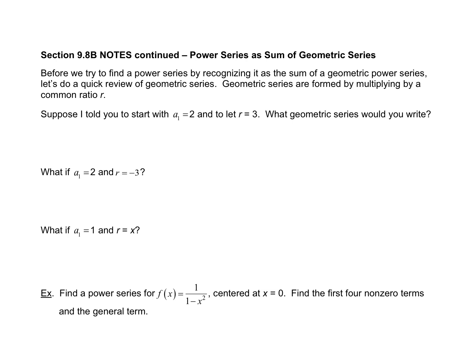So remember, geometric series all follow a particular pattern. They're all formed by multiplying by a common ratio r. So if we started with a sub 1 equals 2 and we let r equal 3, what would our geometric series look like? We would start with 2, and then it would be plus what?